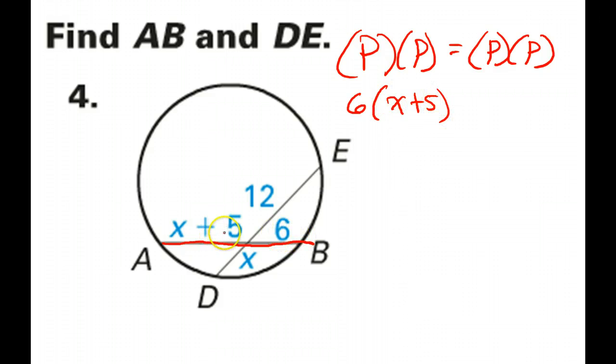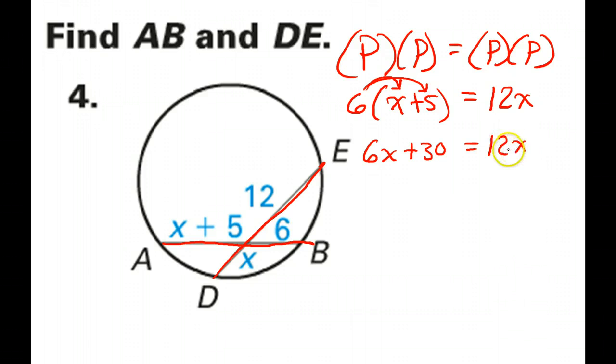Okay, this part and that part. And that will equal, now let's do this chord, part times part, x times 12, or 12x. So, of course, here we're going to have to do some distributive property. Okay, so that's going to give us 6x plus 30 is equal to 12x.